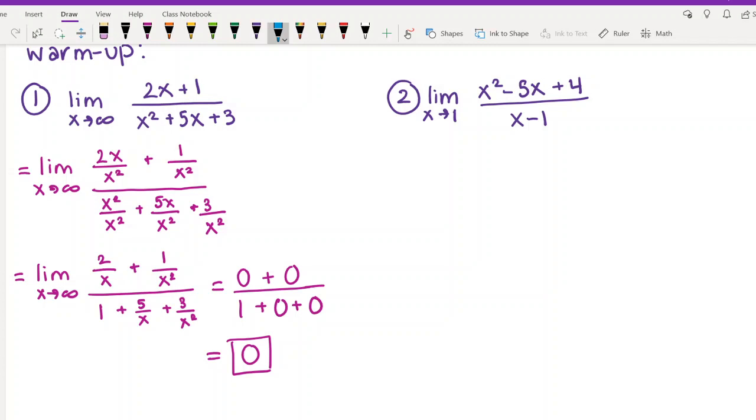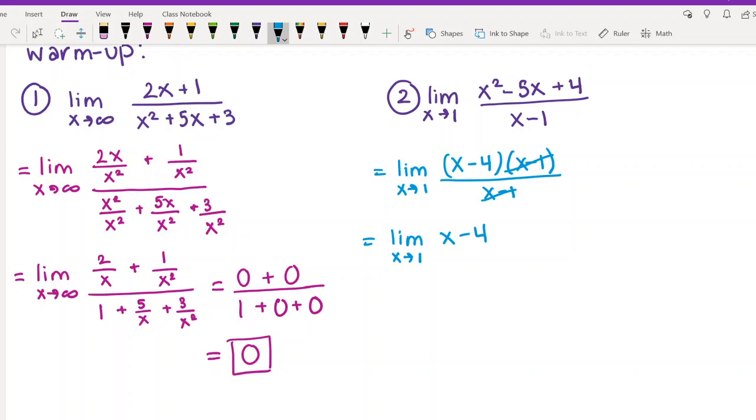So in this case, the numerator can factor as x minus 4 times x minus 1. That allows us to cancel out this x minus 1. The reason that this works is that if you simplify a function, you're not necessarily resulting with the same function, but its limit is still the same.